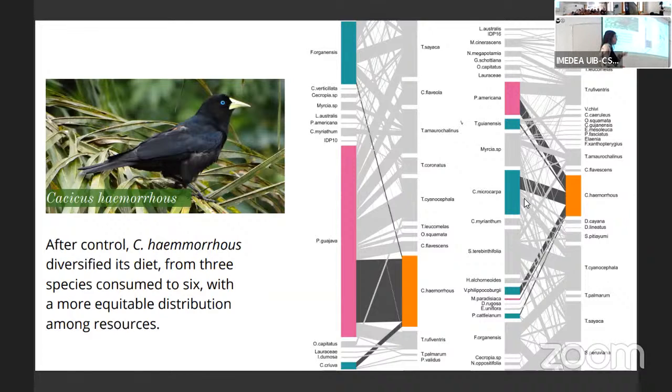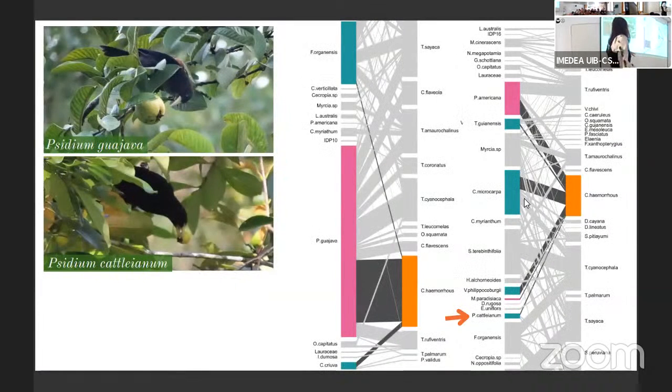But this was not a pattern just with this species. One interesting thing here is that we have in this area another species of Psidium, Psidium cattleyanum, that is native here. It was present when guava was present and offering fruits, but the birds didn't eat it.